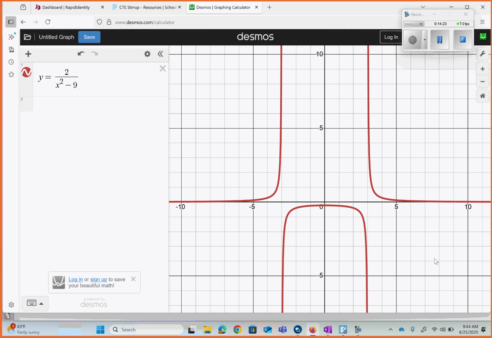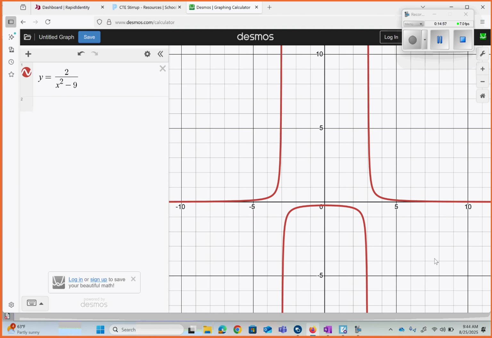All right. So for this particular problem, let's clear all of the ink. What are the values that would make the denominator 0? Meaning, what can I plug in for x that I square it and I subtract 9? 3. Yeah. What's the other one?